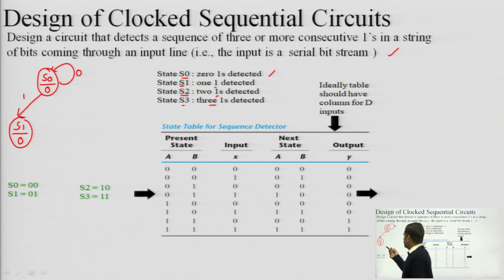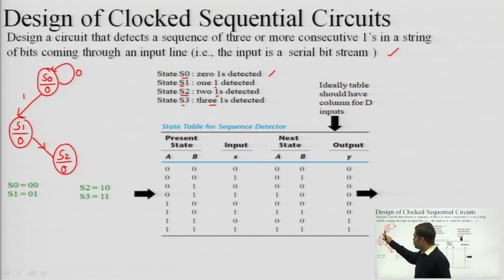Okay. So now if first one is detected, now if there is one more high value, then I will enter S2, but output will still be 0. But in case after this one there is again a 0, then we have to restart from the beginning.